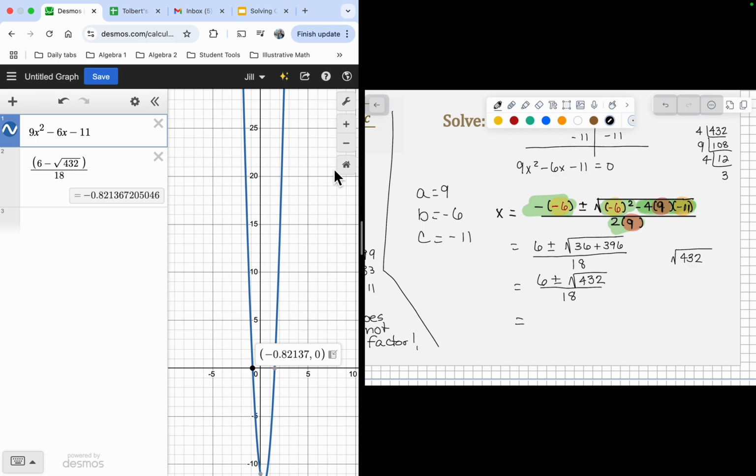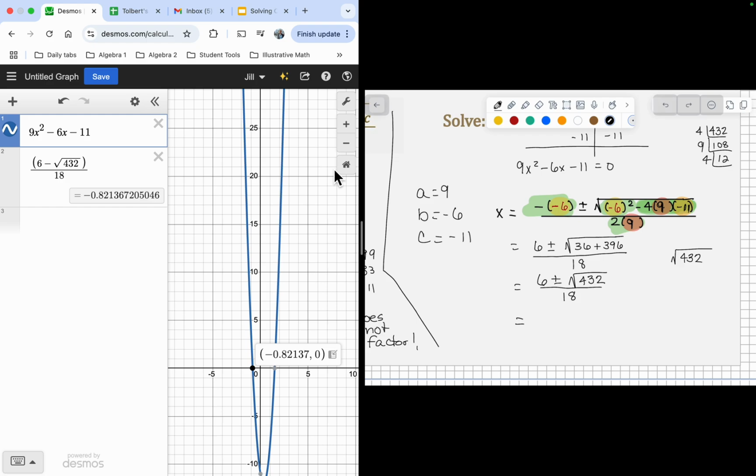So the square root of 432, I'm going to double check that. So my largest perfect square would be 16 times 9, whatever that is, 144.